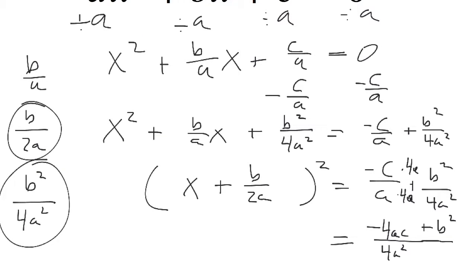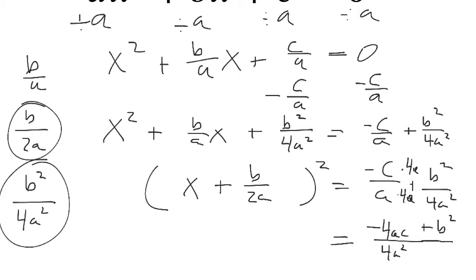Now, of course, I want to make sure I can combine the two fractions, so I need to get a common denominator, which is 4a squared. So I can multiply both the numerator and the denominator by 4a, so that I get a common denominator of 4a squared. This 4a times negative c would be negative 4ac, and then I can add these two fractions together.